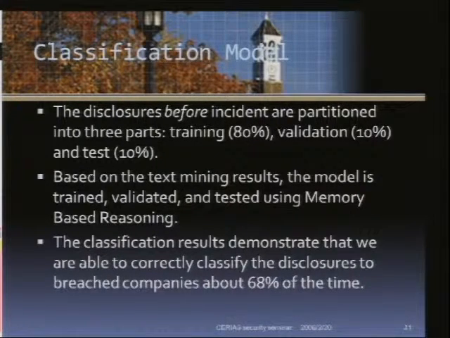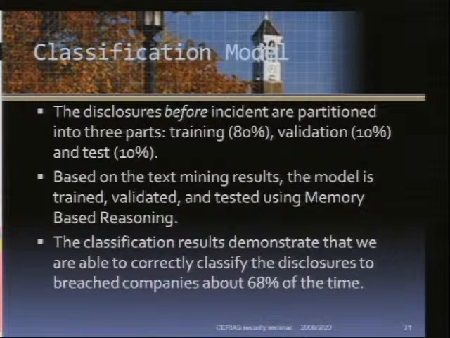The classification model is built as follows. We take all the disclosures before the incidents, from the experiment group, the breach companies, and the control companies, and we use these disclosures to train the model. We use 80% of the data to train the model, that's 64 documents, and then we validate and test it.